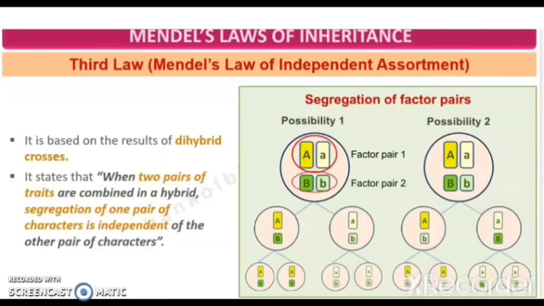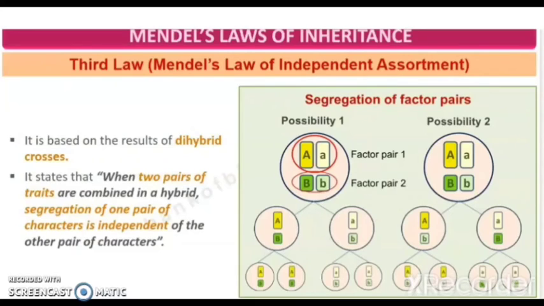The important thing to remember here is that the 50% segregation of capital R and small r is independent from the 50% segregation of capital Y and small y. Therefore, 50% of small r bearing gametes have capital Y and the other 50% have small y. Similarly, 50% of capital R bearing gametes have capital Y and the other 50% have small y.